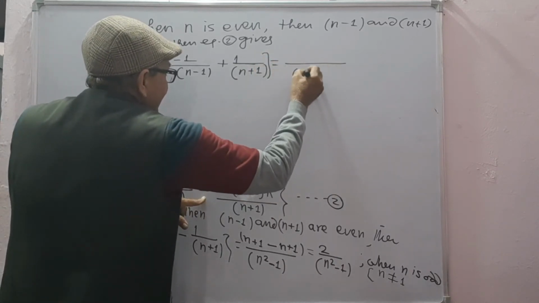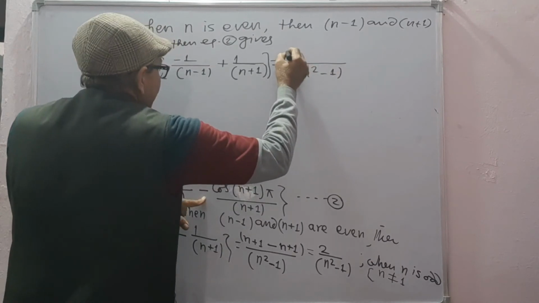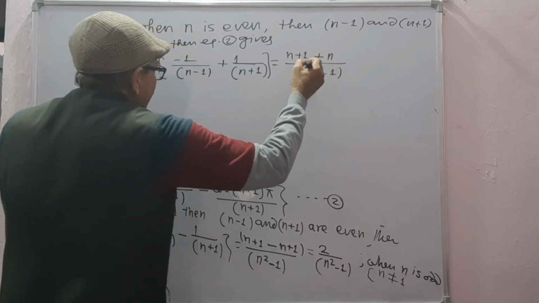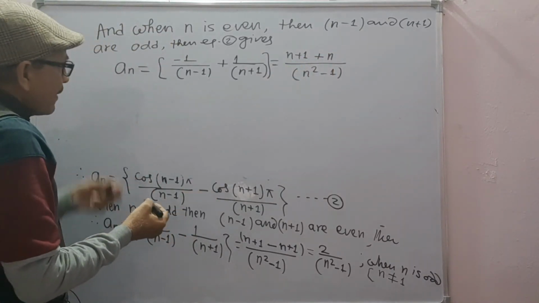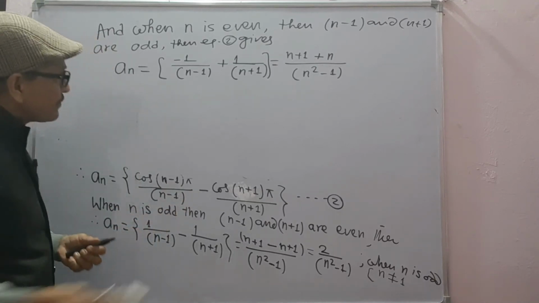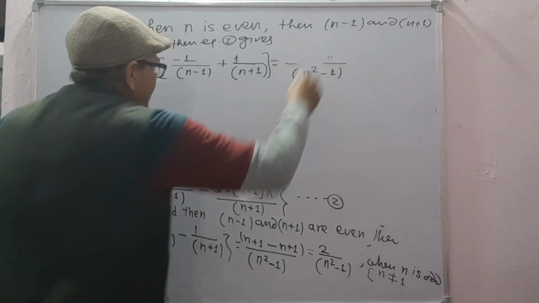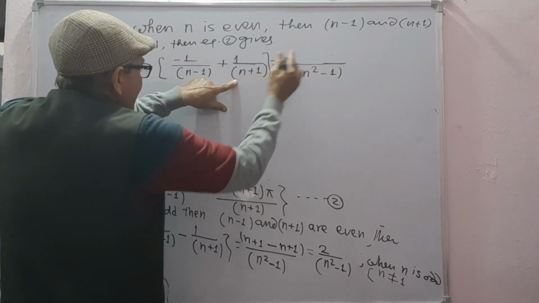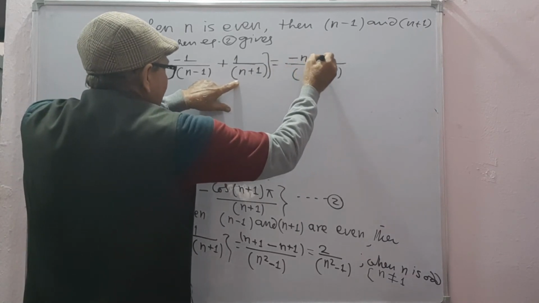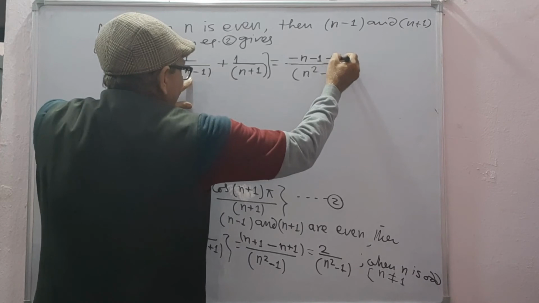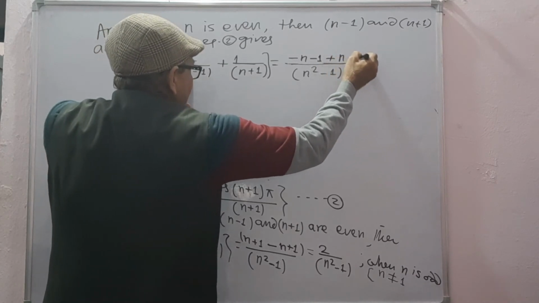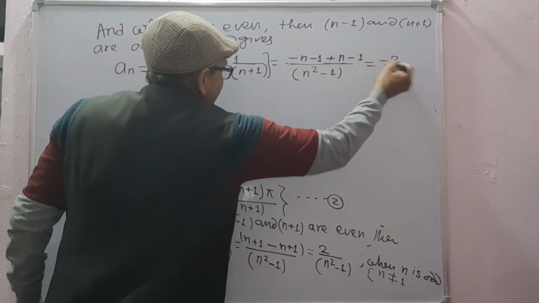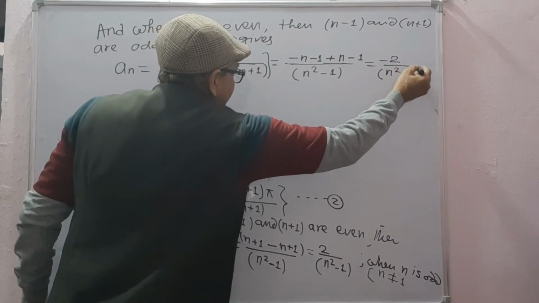LCM is again n square minus 1, here n plus 1 minus n minus 1. So n cancels out and we get minus 2 upon n square minus 1.